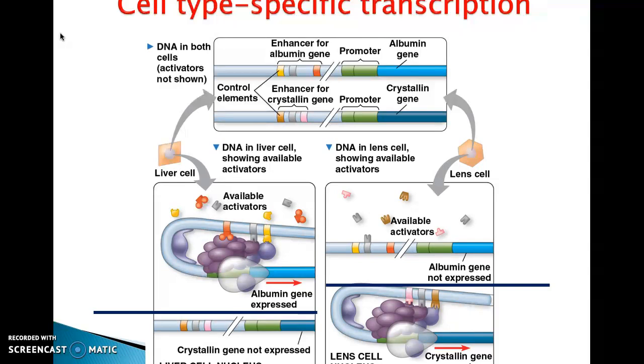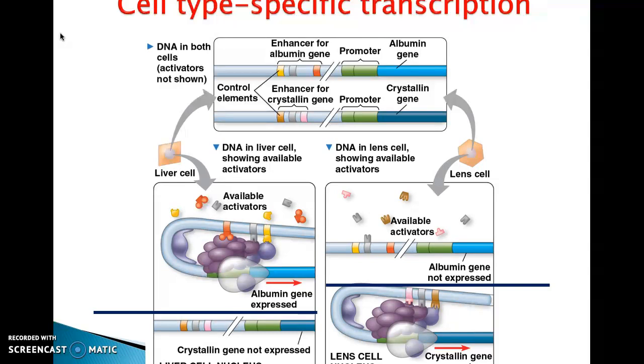Looking up at the top, you can see there are different control elements, so non-coding pieces of gene where those transcription factors or activators are going to bind to. They are upstream from that promoter region, upstream from that TATA box, and where transcription is actually going to begin in order to ultimately code for those proteins that I just mentioned.